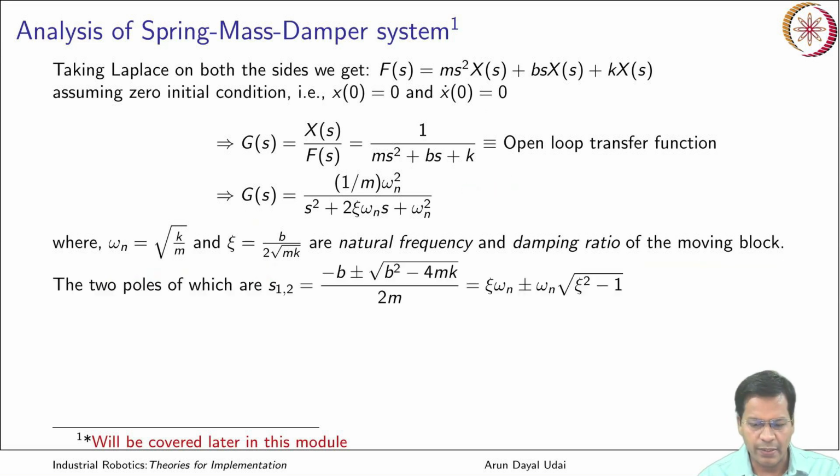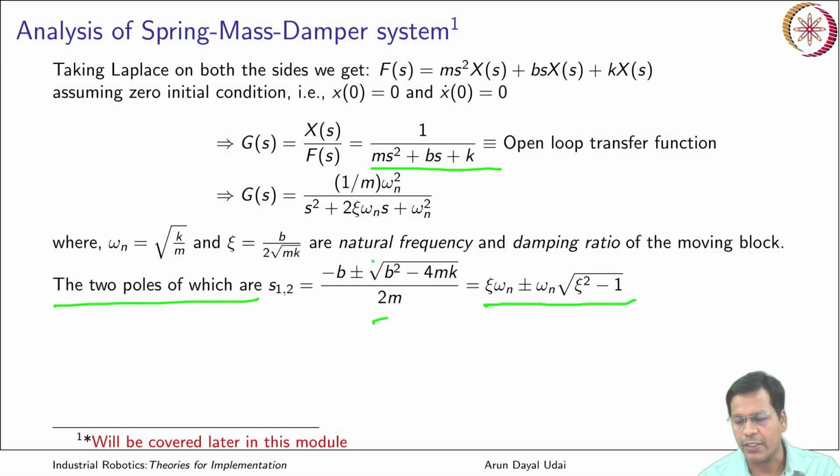And again the two poles which are there are nothing but the roots of this equation. So this is given by the discriminant, which is here, b square minus 4mk. So this can now be written like this. Okay, so it is zeta square minus 1 within the square root.